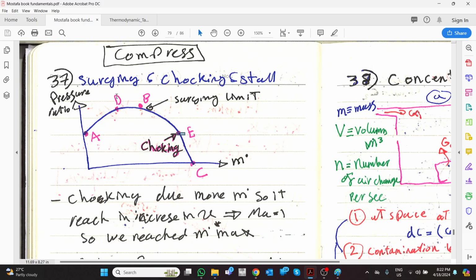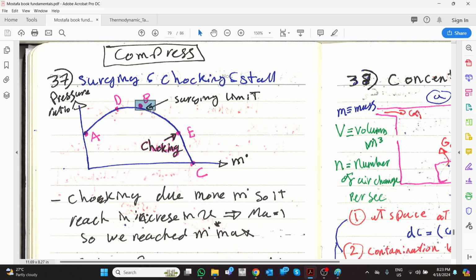But when I go to D, you will find that the compressor is giving a pressure here, but the entire pipe or duct has a higher pressure. Imagine the compressor is giving, for example, 1000 or 2000 Pascal, and the pressure inside the duct is 3000 Pascal.